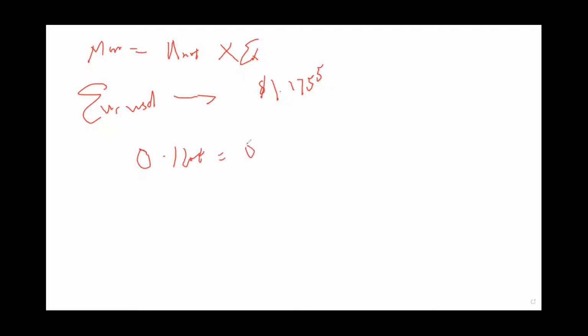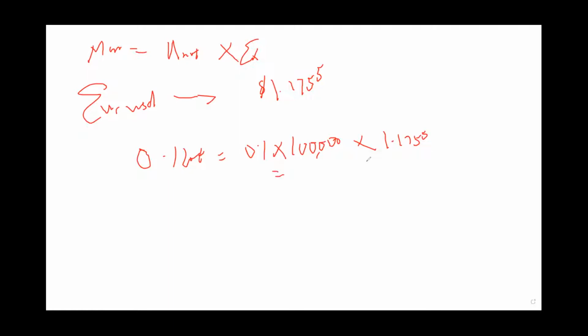The margin is going to be 0.1 lot multiplied by 100,000 units, since one lot is 100,000 units. So 0.1 lot is 10,000 units, multiplied by 1.1755.